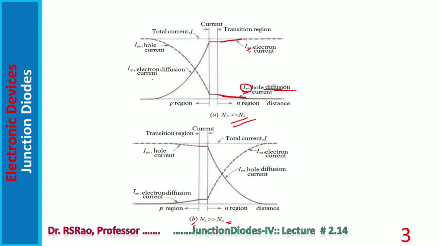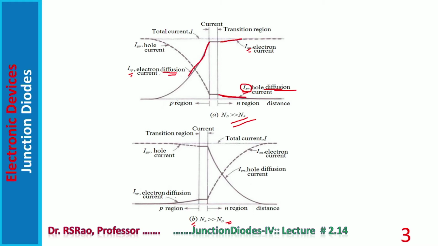Similarly, when we come to the P side, INP is minority carrier current. It is current due to electrons on the P side. The symbol has a meaning, and it is due to diffusion, as drift current is negligible, and diffusion current falls exponentially from the transition region.